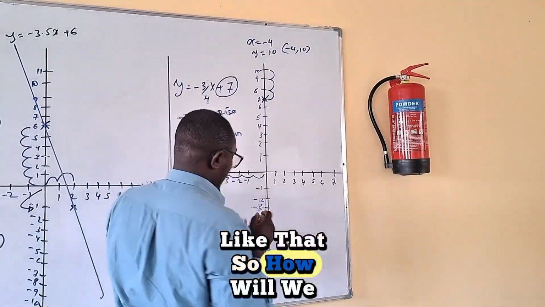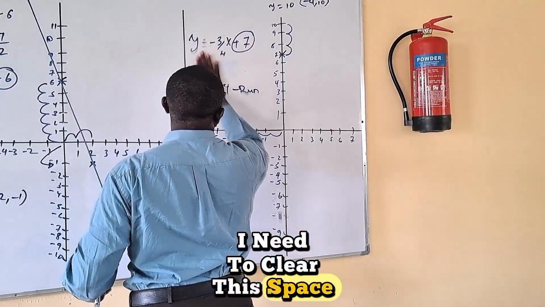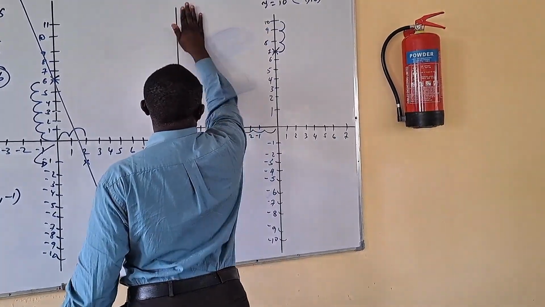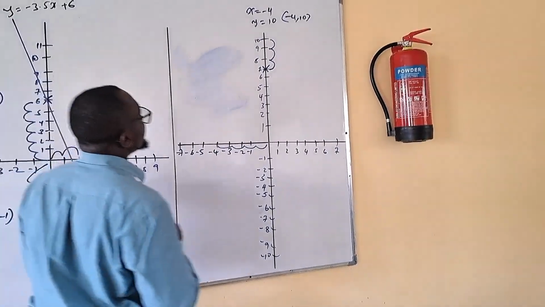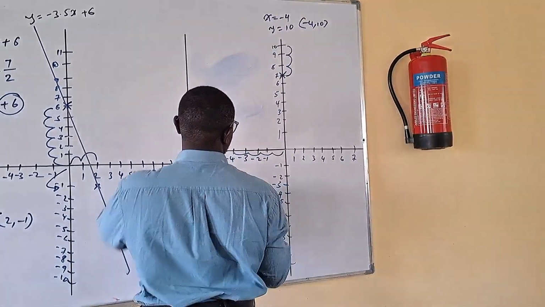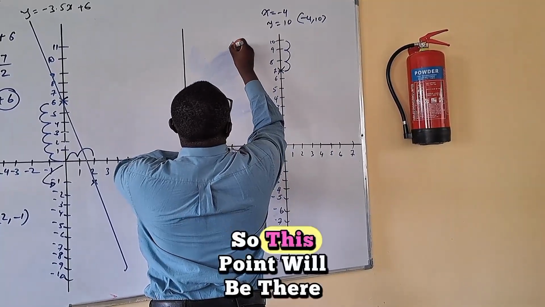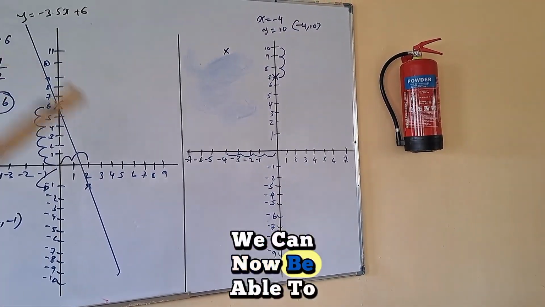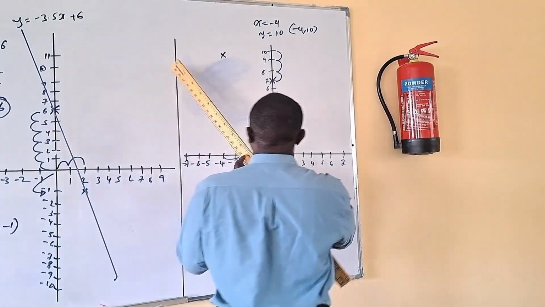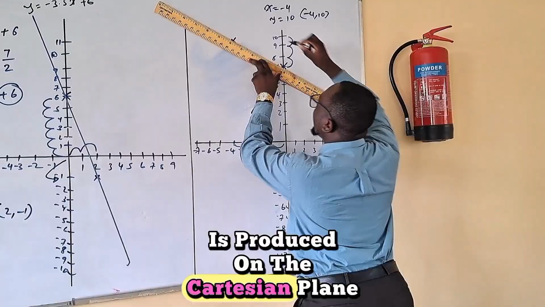So how will we obtain that point? I need to clear this space here. So here we have x as -4 and y as 10. So this point will be there. And once we have 2 points, we can now connect them to form a straight line on the Cartesian plane.